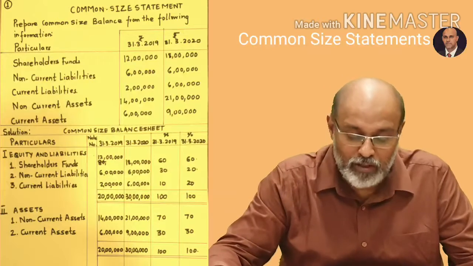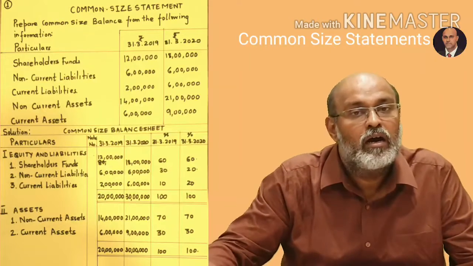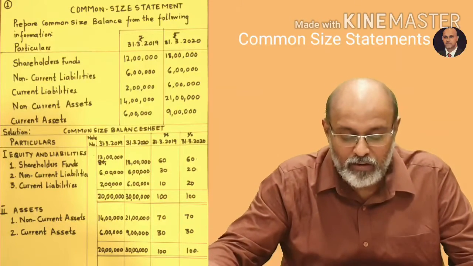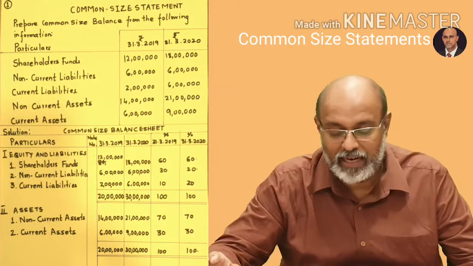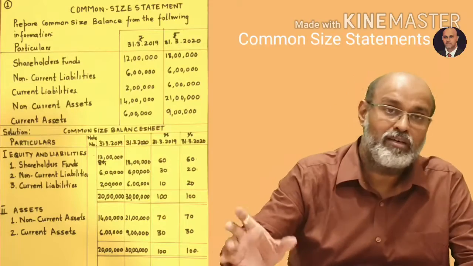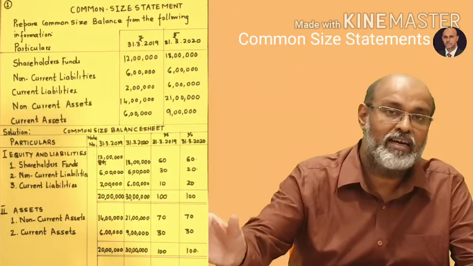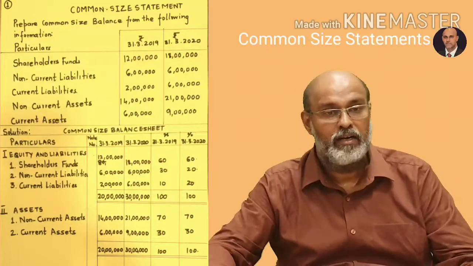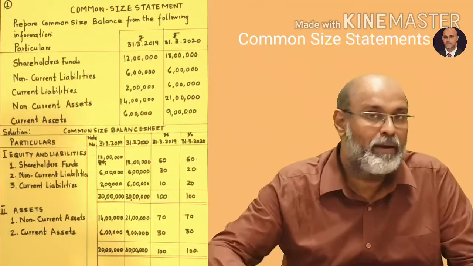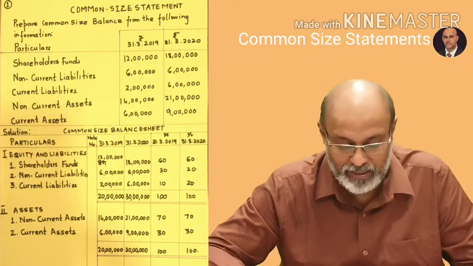That will give you the figure for your non-current assets, that is 70%. Then we have got current assets, a total of which in the current year is 9 lakhs. Divide that by 30 lakhs and multiplied by 100, you will get 30%.